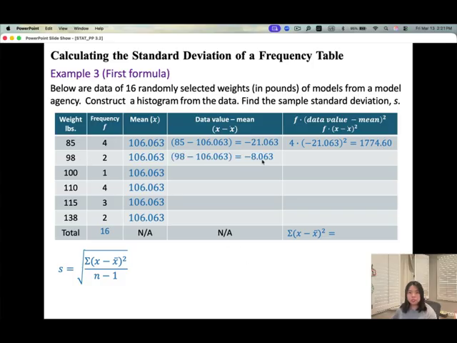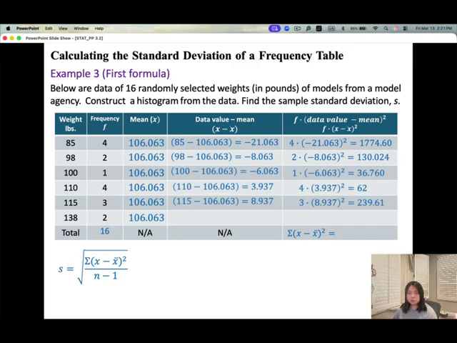Data minus the mean, and then take the square. Check all your work. And then add it all up. You should find 4,282.